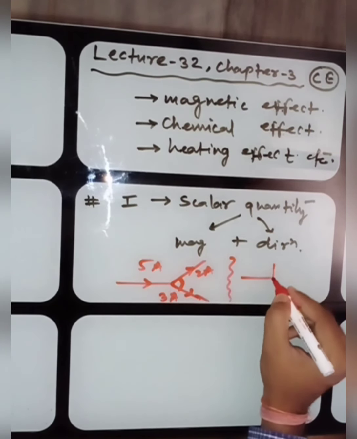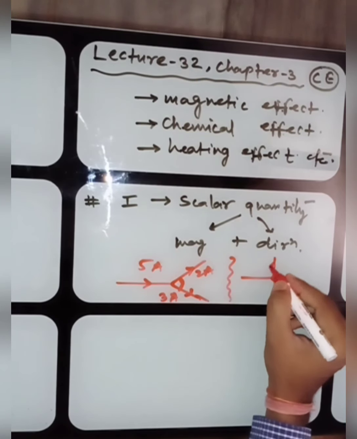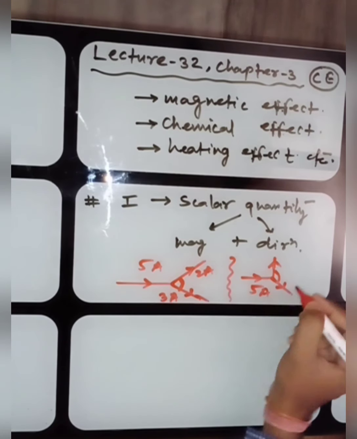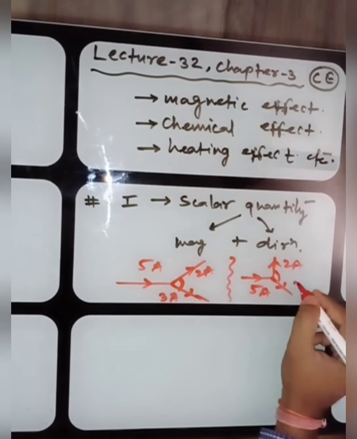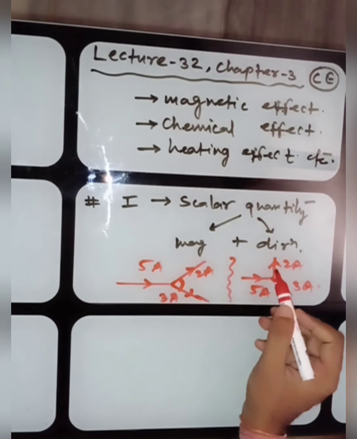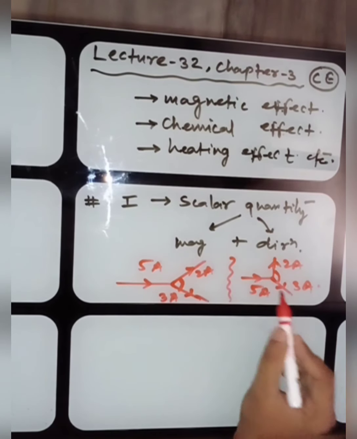If you arrange the conductors in this way, even at 120 degrees, it doesn't matter, and the 5 ampere current will break into two parts in the same way, that is 2 ampere and 3 ampere. So there are different factors on which the current depends, how much current will move in this direction and in this direction.